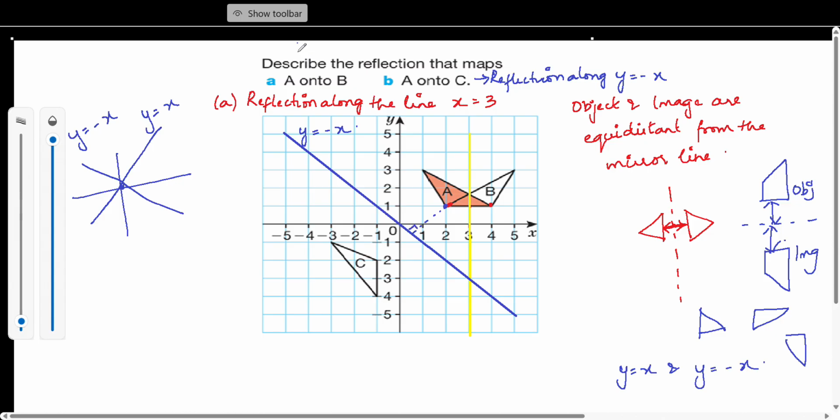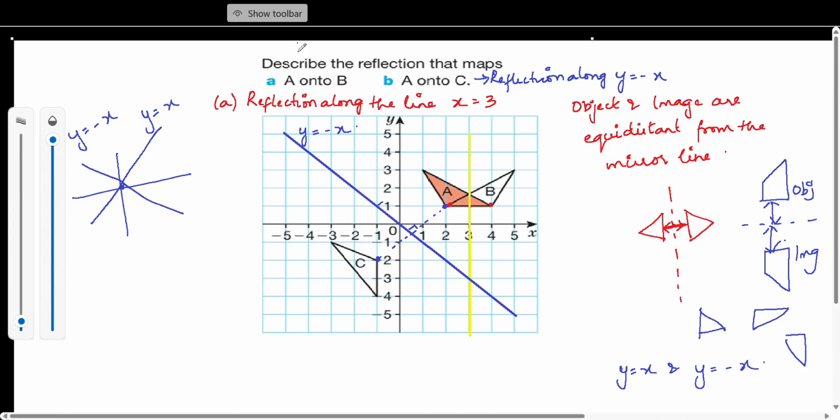I'm just doing an approximate thing. When we have it on paper, you can use a protractor and a ruler and draw it. And measure the distance between this point and the mirror, and extend the same distance on the other side. So the reflection of this point would be here.